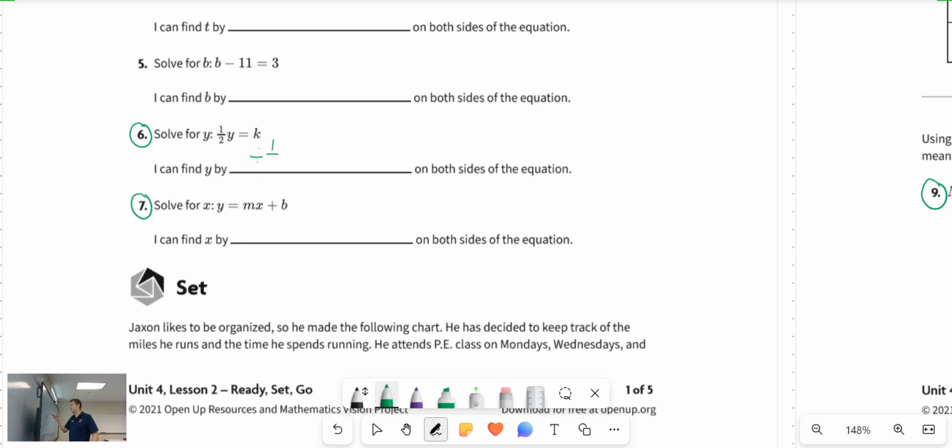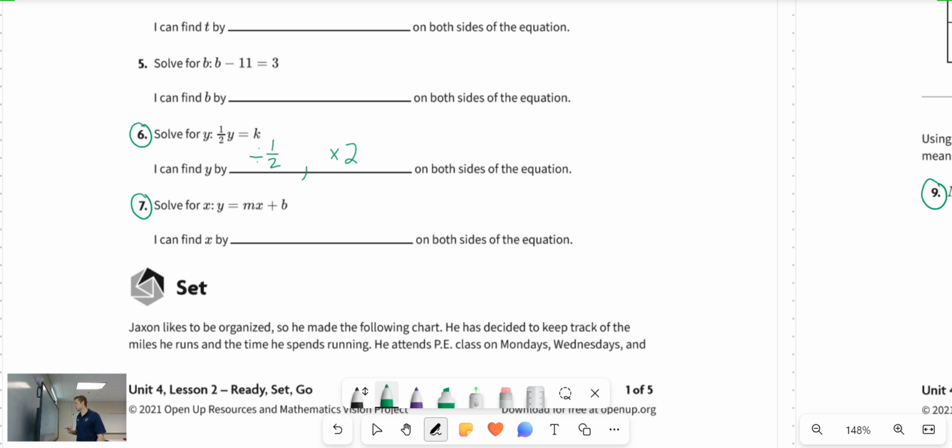That would work. Or, the same as dividing by 1/2 is multiplying by 2. So either one of these would work. We could either divide both sides by 1/2 or multiply by 2. Those are actually the same thing.